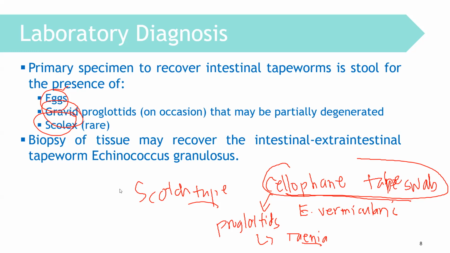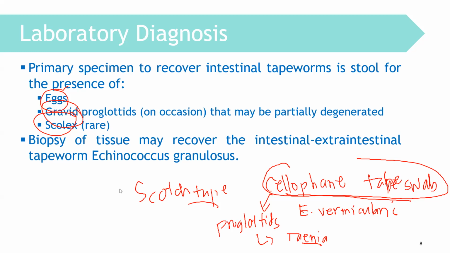Echinococcus granulosus is an example of an extraintestinal tapeworm. Thus, it resides outside of the intestine, in the liver, brain, something like that. Which means the sample of choice for Echinococcus granulosus is a biopsy of tissue.